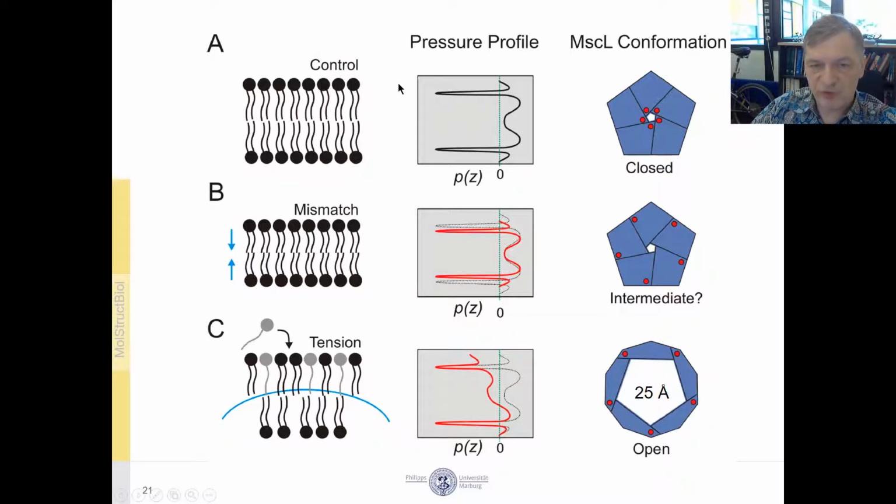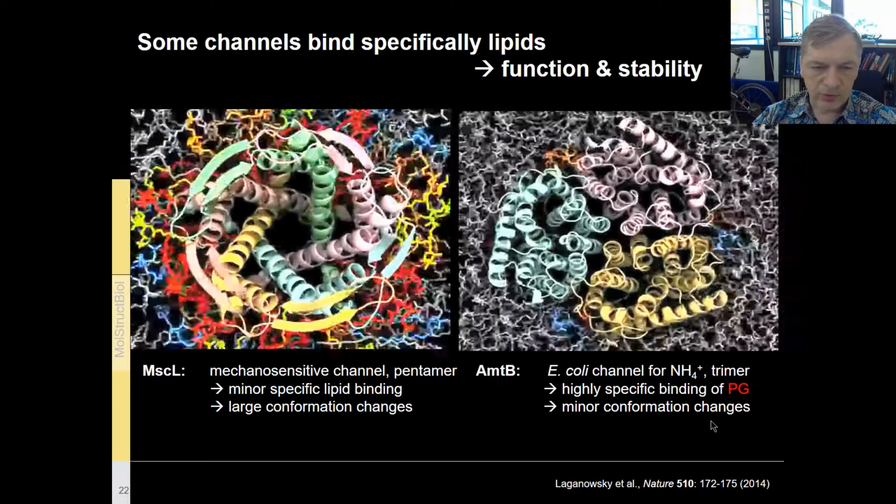But when it changes suddenly, it also changes the pressure profile inside the membrane, and then the mechanosensitive channel can open up. So that is a very good example of how important it is to keep this in mind when studying membrane proteins, at least those which have some function in transport or in conformational change or vesicle fusion and so on.